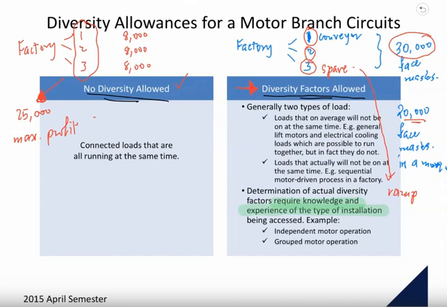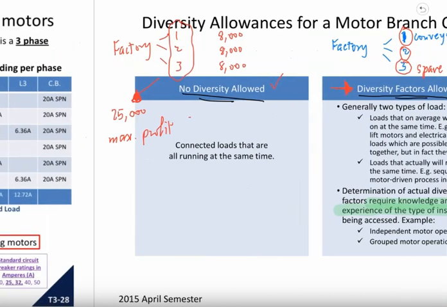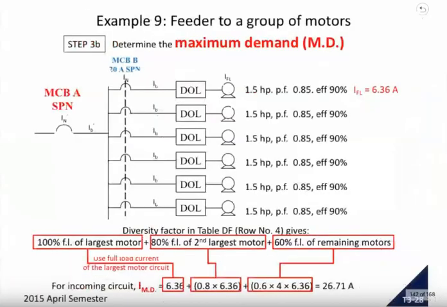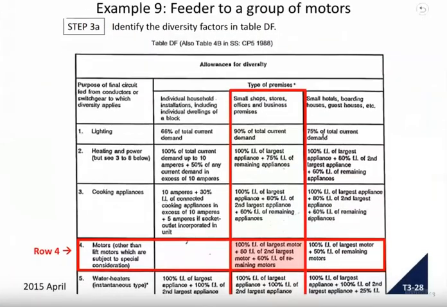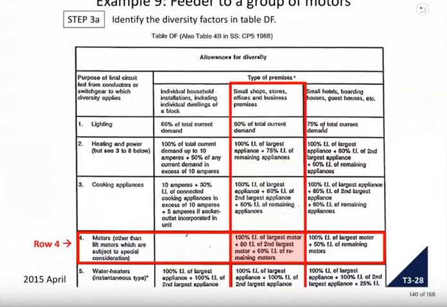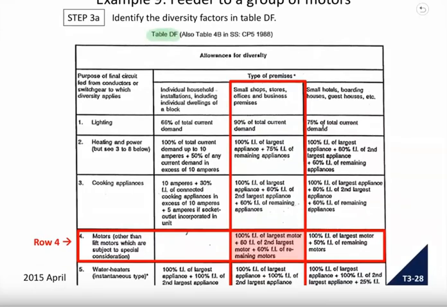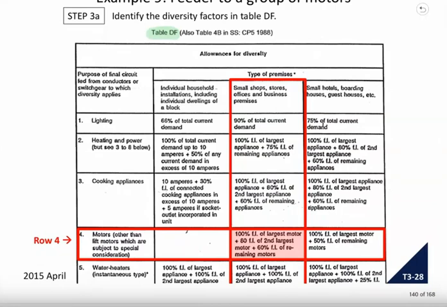And where can we find a good reference of how to apply the diversity factor? We can refer back to our favorite table DF, diversity factor, which can be found in the OCP. So table DF. And now we are looking at small shop, stores, and office premises.